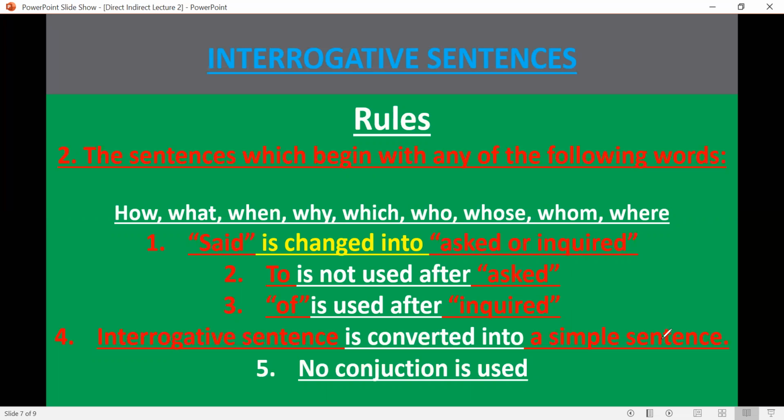These are the same changes which we make in sentences where some helping verb has been used. Now, there is only a single difference. No conjunction is used in sentences which start with words like how, what, when, why, which, because they themselves serve as conjunctions in sentences.